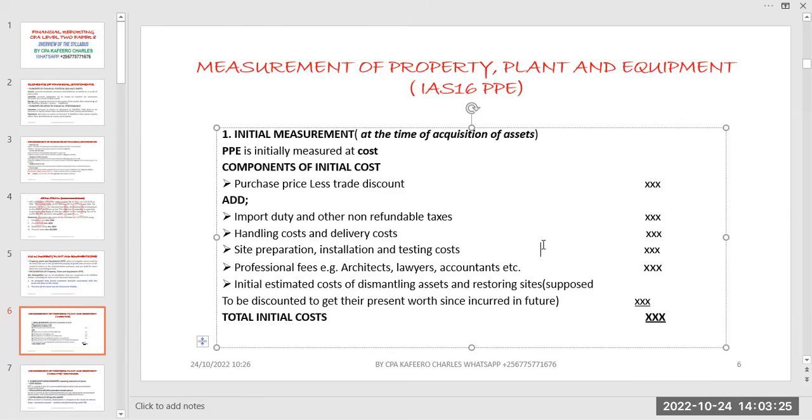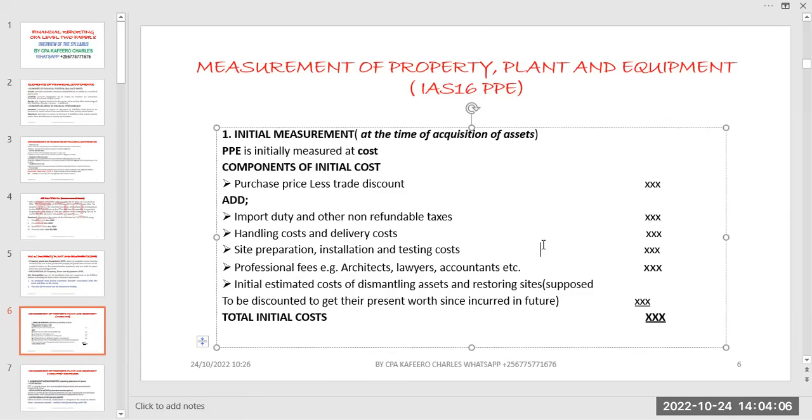Then the cost of maintaining the land to the state exactly how we found it before starting your mining activities is what we call the cost you are going to incur in the future, but it relates to maintaining the environment.